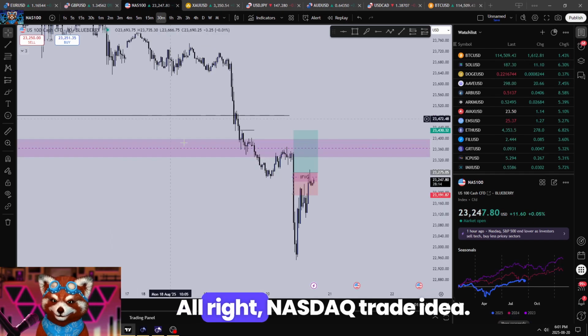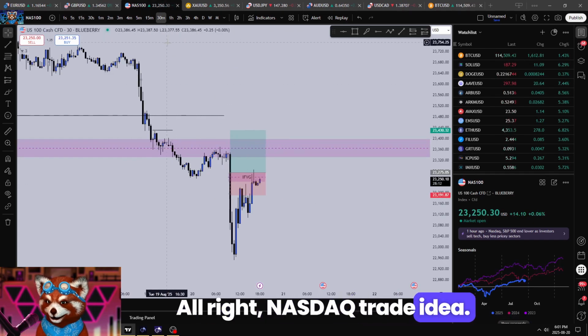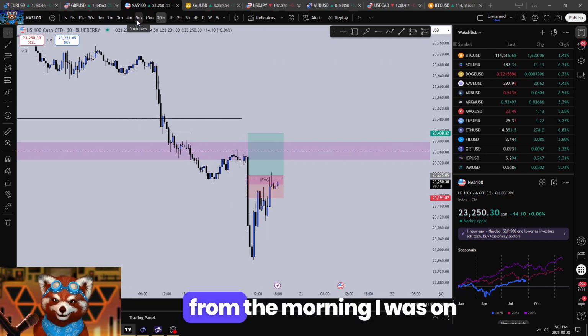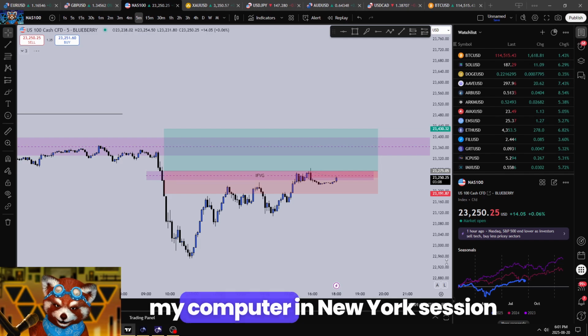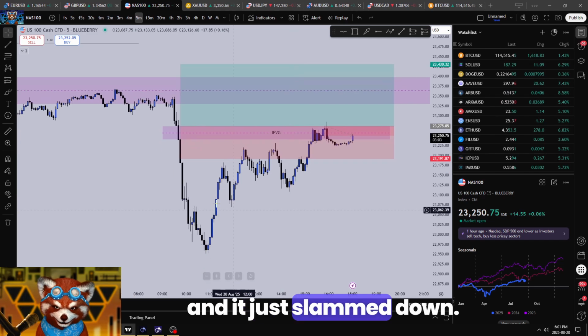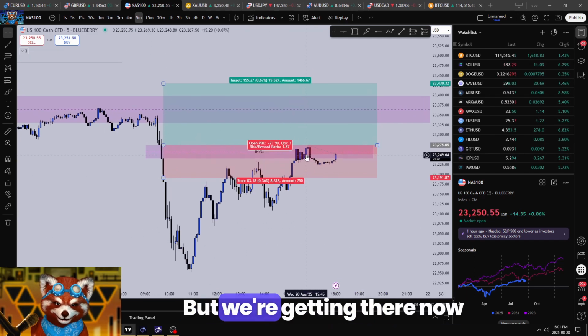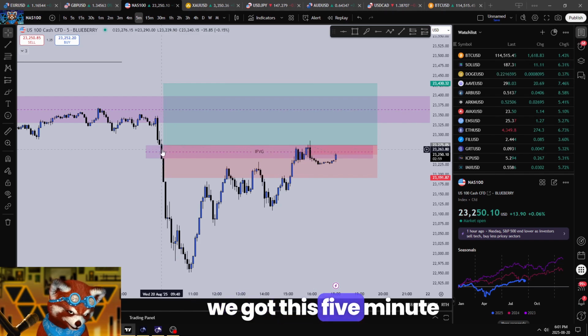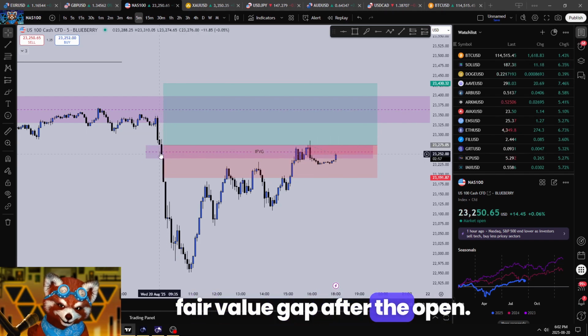All right, NASDAQ trade idea. I was looking at this actually from the morning. I was on my computer on New York session, and I wanted it to happen, and it just slammed down. I never got it, but we're getting there now. We got this 5-minute fair value gap after the open.